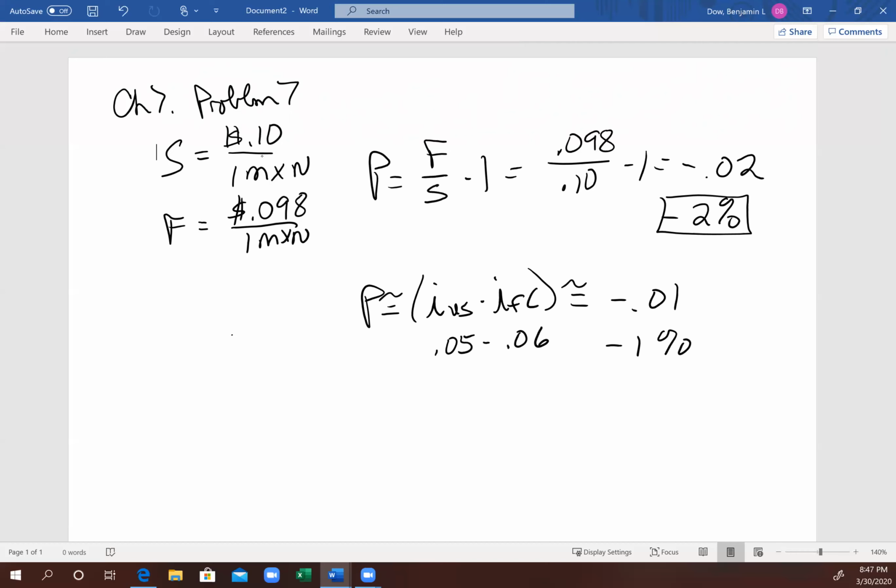So now we can go back, and interest rate parity says that the forward premium determined by the forward rate and the spot rate should be equal to the difference in interest rates.